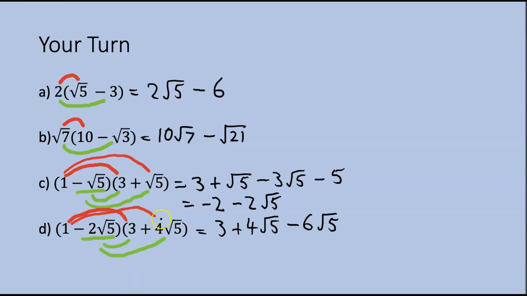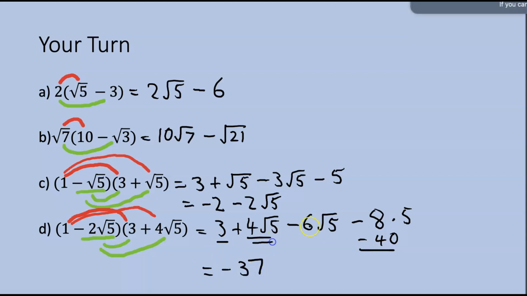Minus 2 times 4 gives me minus 8. And 5 times root 5 gives me 5. Which will give me minus 40. Now 3 take away 40 gives me minus 37. 4 root 5 take away 6 root 5 is minus 2 root 5.